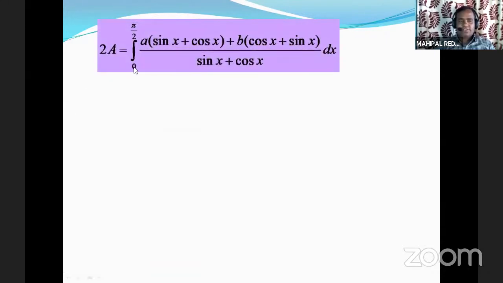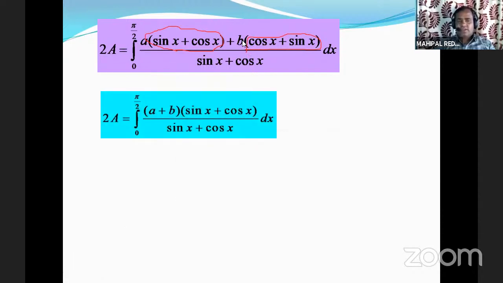Left side 2a equals integration 0 to pi by 2. When the two a terms are there, a is common: sin x plus cos x, plus b is also common: cos x plus sin x. So here also from these two terms, this is sin x plus cos x, and it is also sin x plus cos x. Again, these two terms are common.